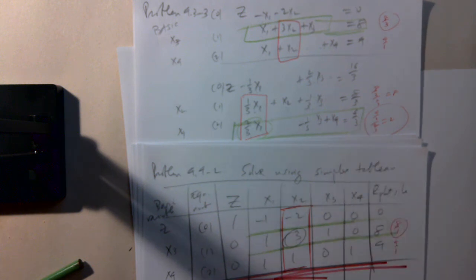It's exactly what we get from the equations. And the first line is 1, minus a third, 0, 2/3, 0, 16/3.